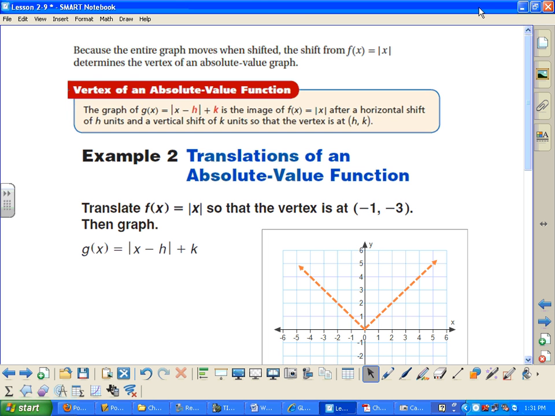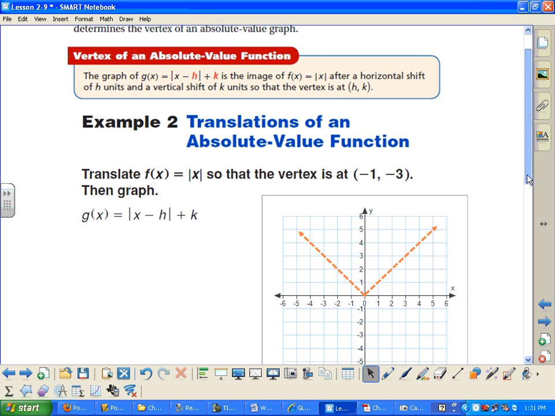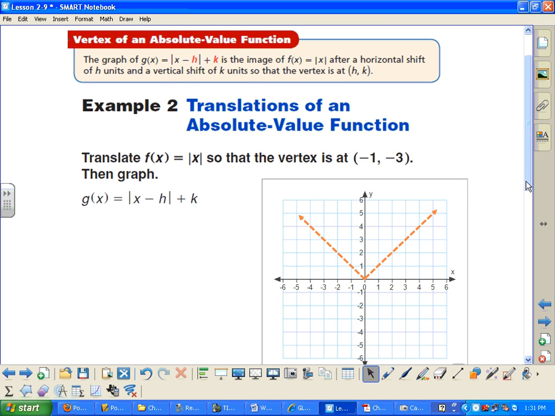We've taken the horizontal translation, which is inside the absolute value, and the vertical translation, which is outside of it, and put them together. That tells us where the vertex is. Here we have an example where they tell us the vertex is at the point -1, -3, and we want to graph it.